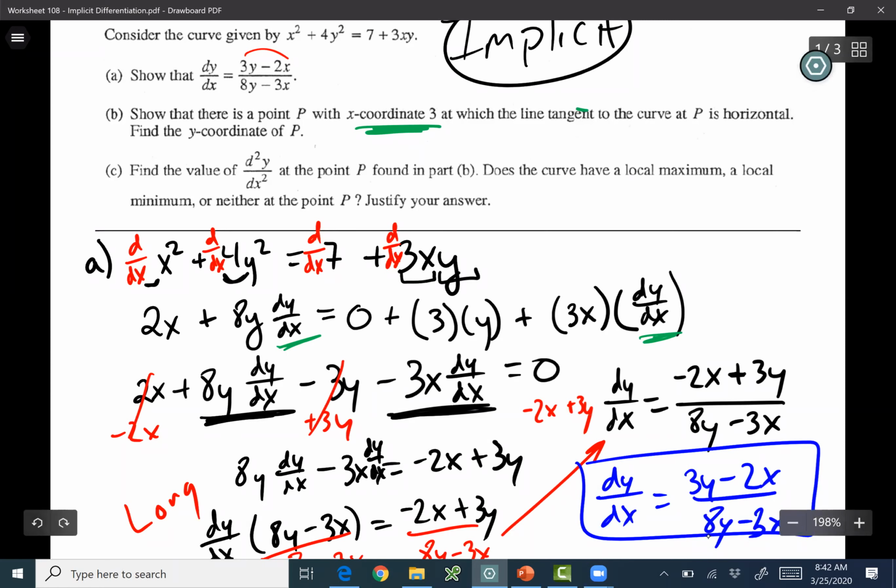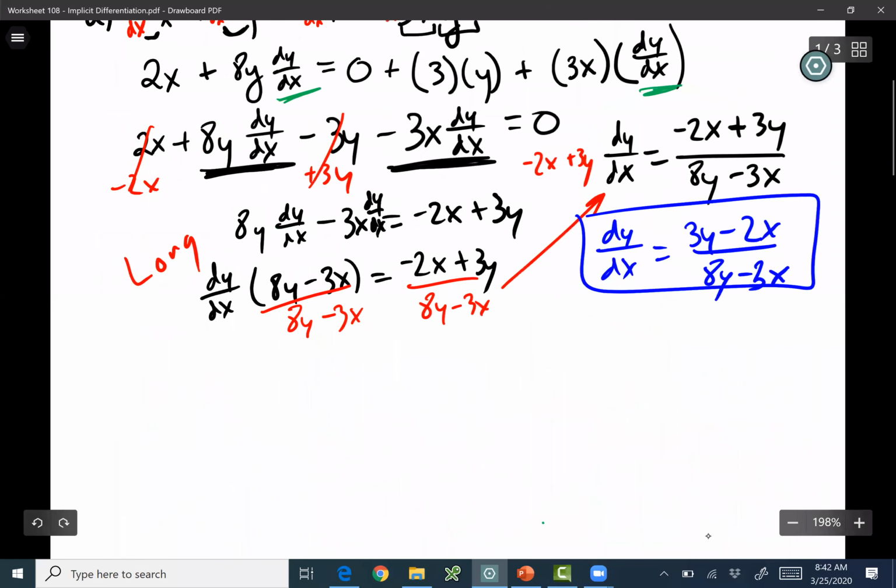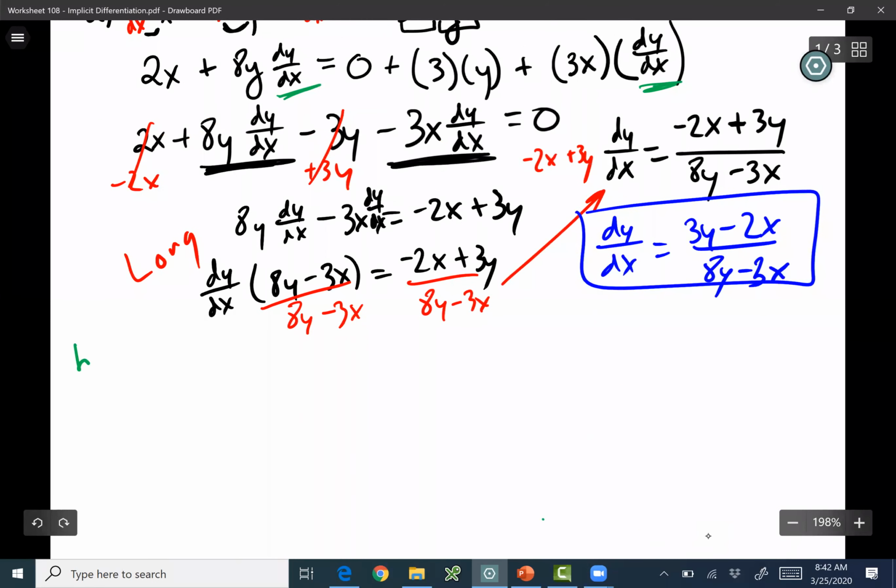So we're seeing tangent line and horizontal. And then it says find that y coordinate. So as soon as we see the word tangent line, we're immediately jumping to x1, y1, and m.